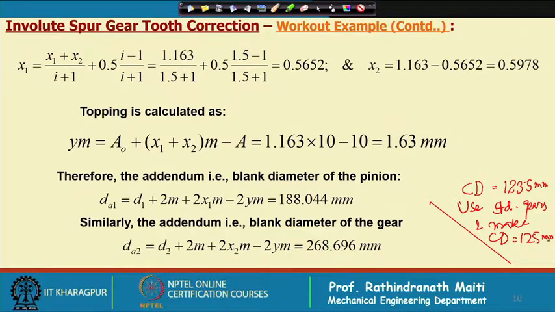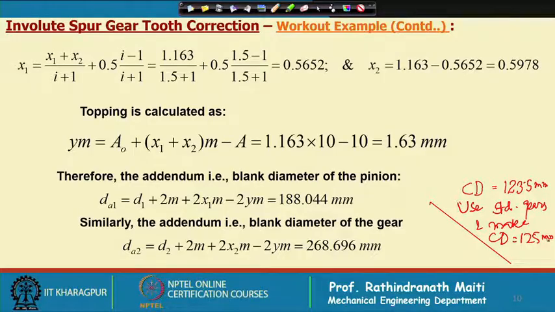This can be allowed, because due to this there will be backlash. If this backlash amount is not very high, one can easily calculate what will be the backlash for that, knowing all such geometry, and then it can be recommended. So, this gear is 125 millimeter center distance with such and such standard gears, and the pressure angle, the backlash is this much. This is also allowed.